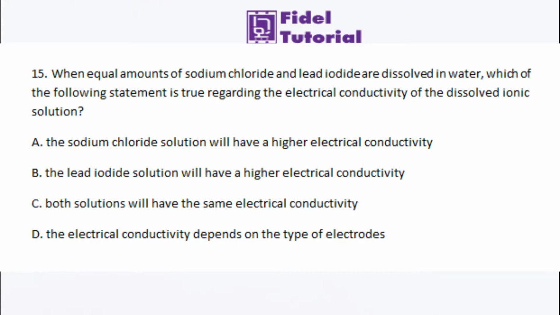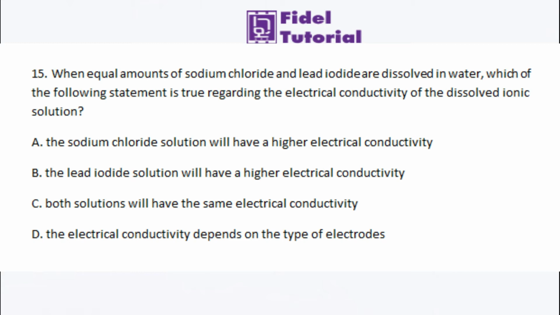15. When equal amounts of sodium chloride and lead iodide are dissolved in water, which of the following statements is true regarding the electric conductivity of the dissolved ion solutions? A, the sodium chloride solution will have a higher electric conductivity.